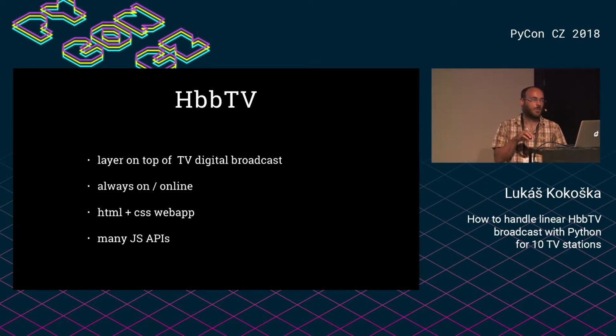Those apps are written in HTML, CSS, and so on. And in those TVs, there are many JavaScript APIs to get information from the television, to plan some events in the stream, and so on.